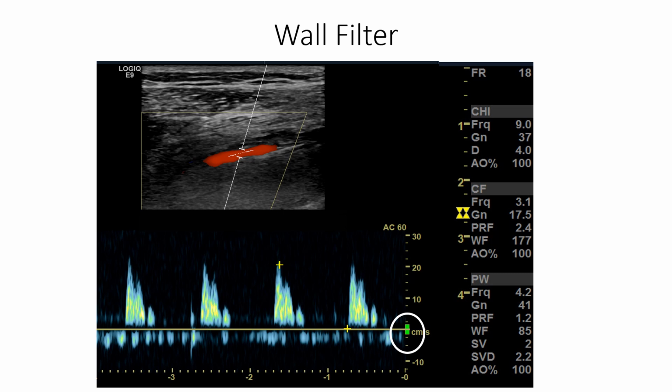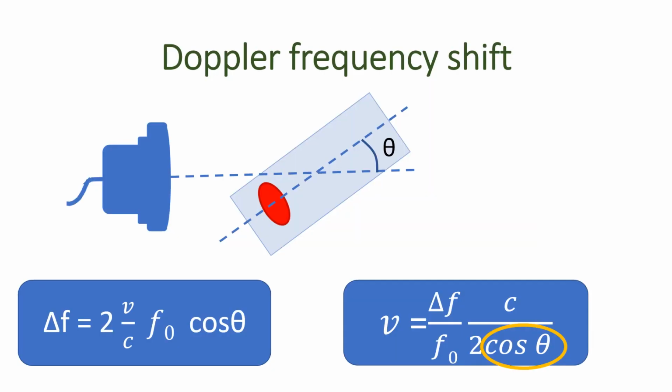The size of the wall filter, depicted by the green box on the velocity scale, corresponds to rejected velocities. Although this filter eliminates mostly the noise from the wall movement, sometimes it can affect the interpretation of Doppler waveforms as being monophasic rather than multiphasic. Ultrasound systems measure the frequency shift and then calculate velocity using the Doppler equation.